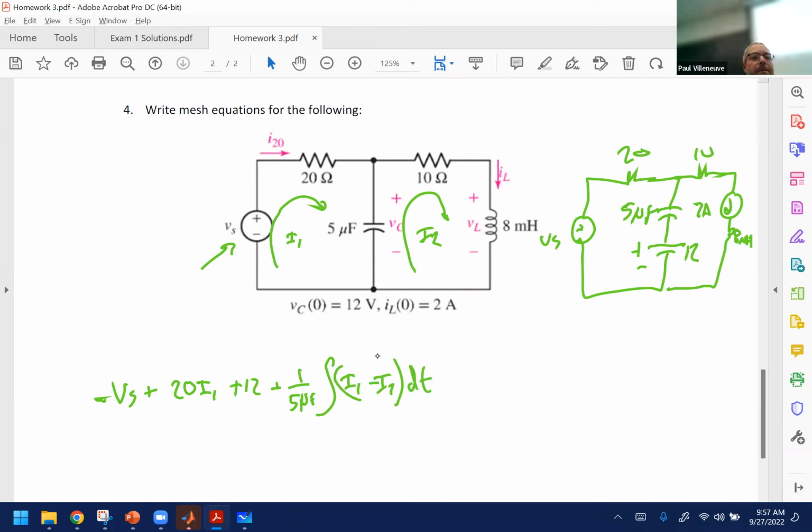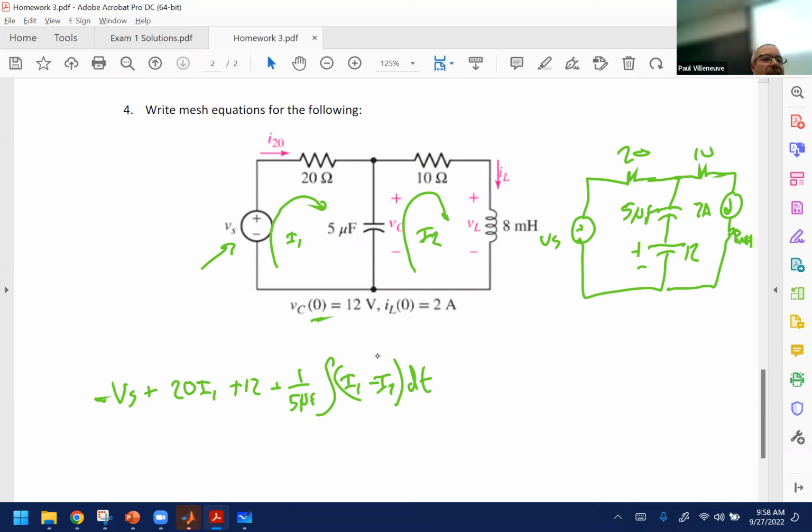Okay, then I interpreted this, I just assumed that you meant that across that capacitor there would be a 12 volt line. That's initially, that's why this says 0, which is when I thought we were doing this analysis. I thought we were doing this at time 0.